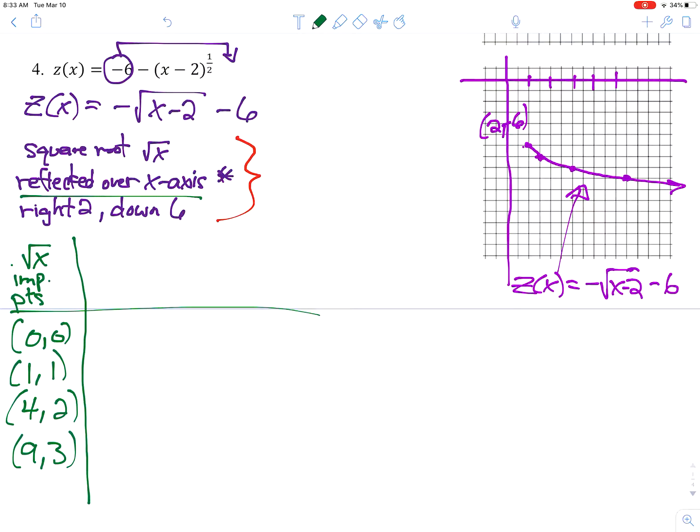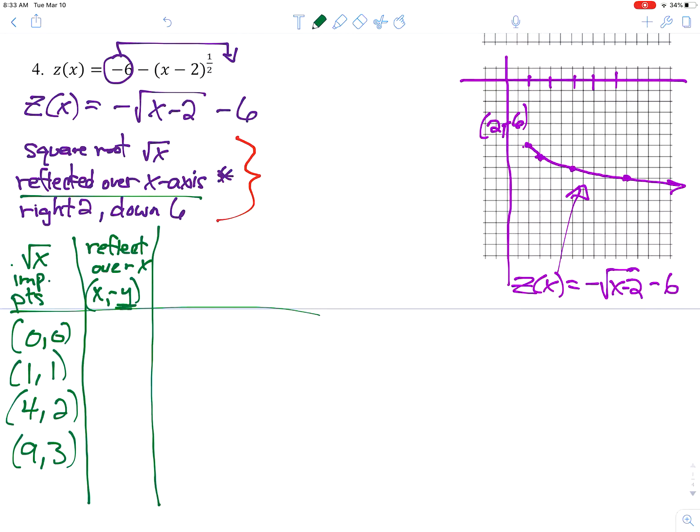To reflect over the x-axis, I'll put that on the first column next to the important points. Reflect over x-axis really means that I'm changing the y-coordinate. So it's going to go from x, y to x, negative y. It used to be x, y. Now reflecting over the x-axis makes it x, negative y.